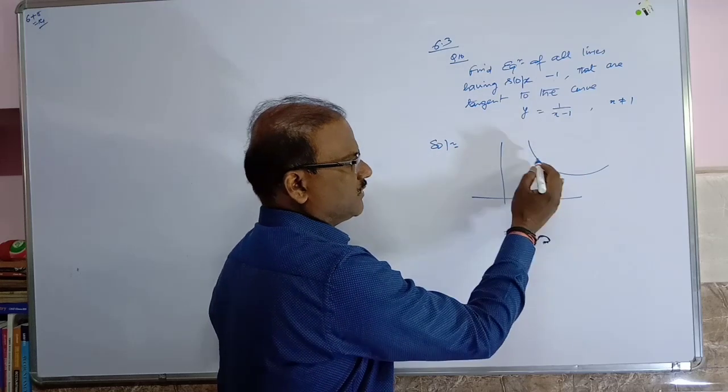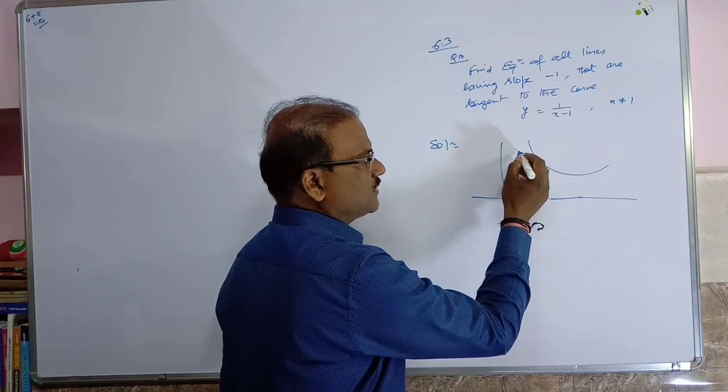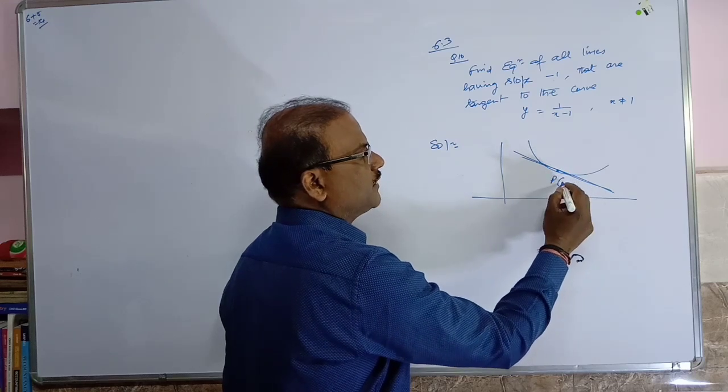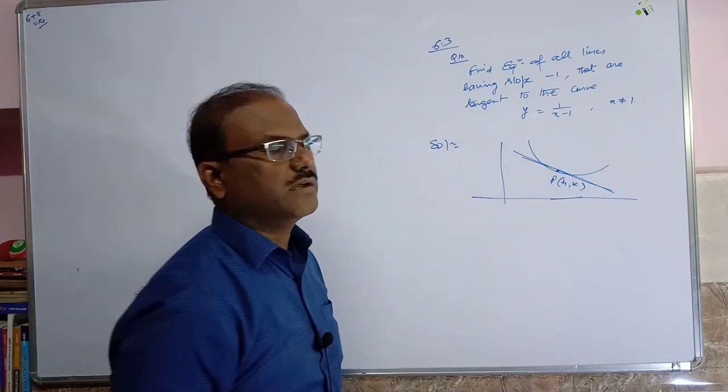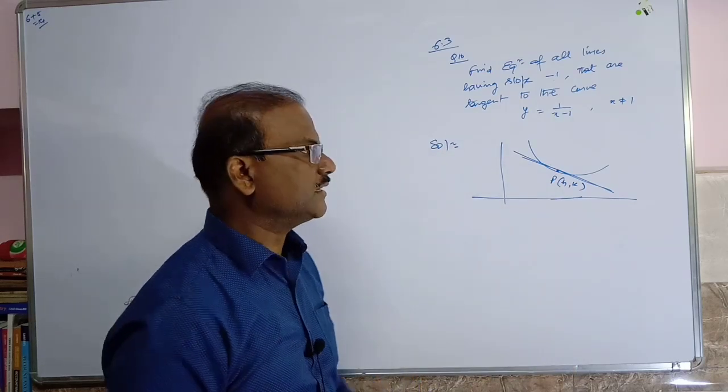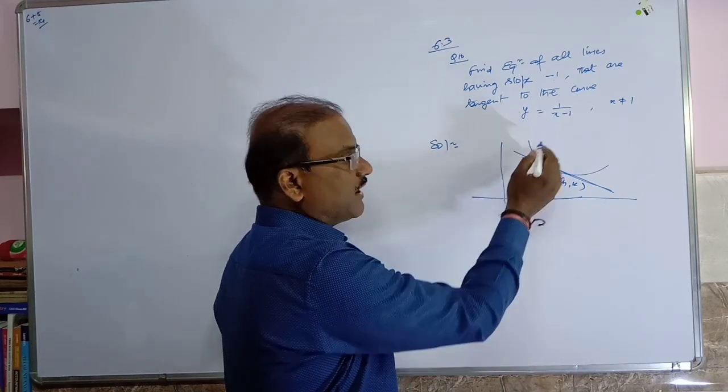Suppose the required tangent line is like this, suppose, P(h, k). I used to say (h, k) or (x1, y1), you can say. Suppose we are calling that the required tangent.